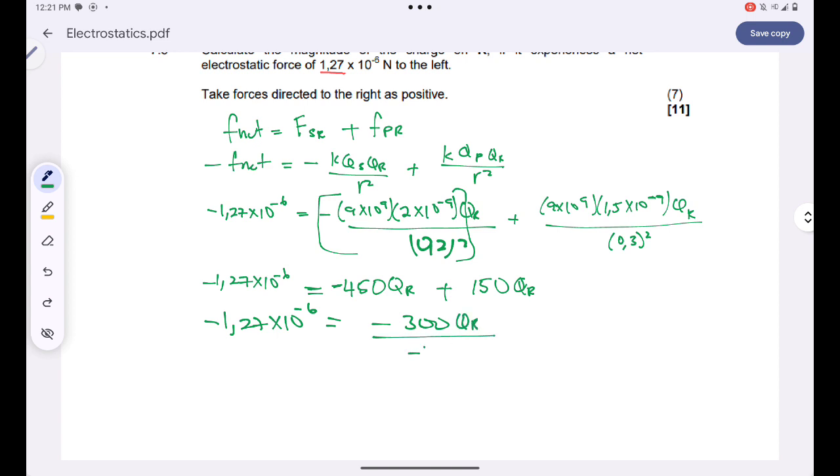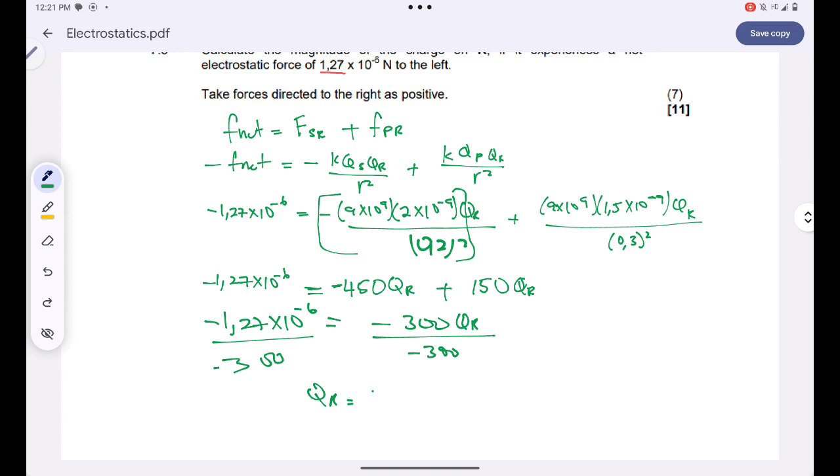Divide both sides by negative 300. And then QR, the charge on sphere R, that's basically negative 1.27 times 10 to the power negative 6 divided by negative 300.